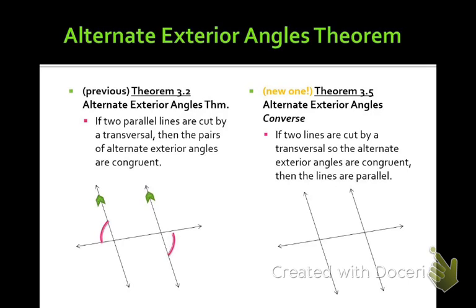So if the lines are parallel first, then the angles are congruent second. Now, if the angles are congruent first, then the lines are parallel second.